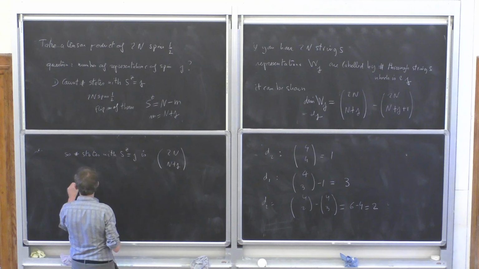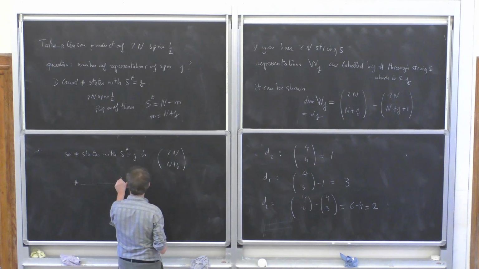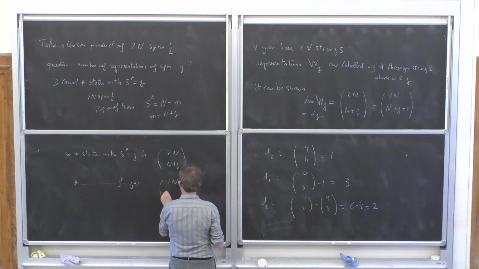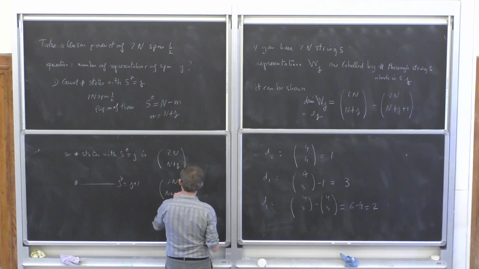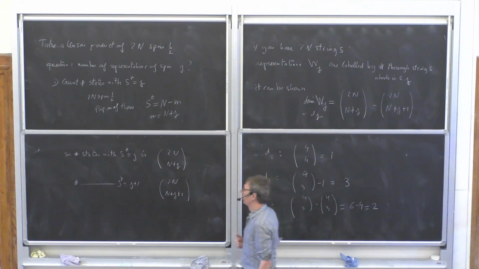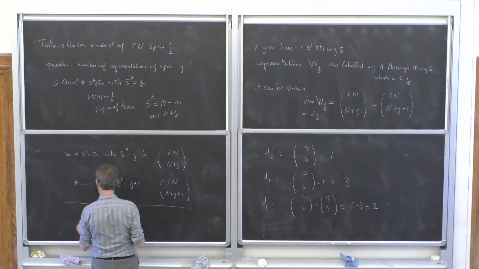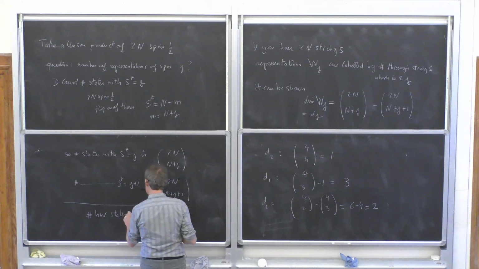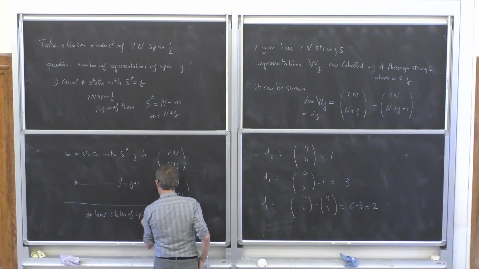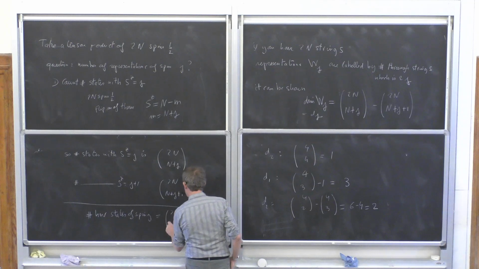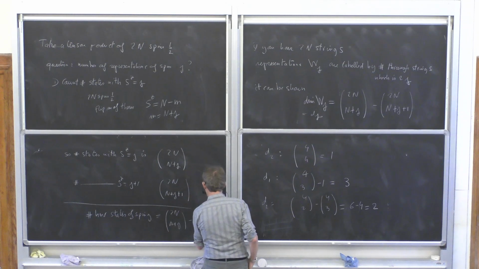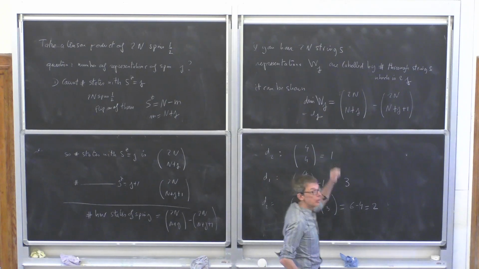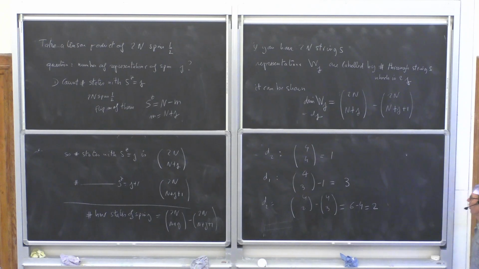So the number of states with Sz equals j plus 1 is 2n choose n plus j plus 1. And therefore, if I subtract the two, the number of highest weight states of spin j is equal to 2n choose n plus j minus 2n choose n plus j plus 1, which is exactly the same as this. So, of course, this is not an accident.